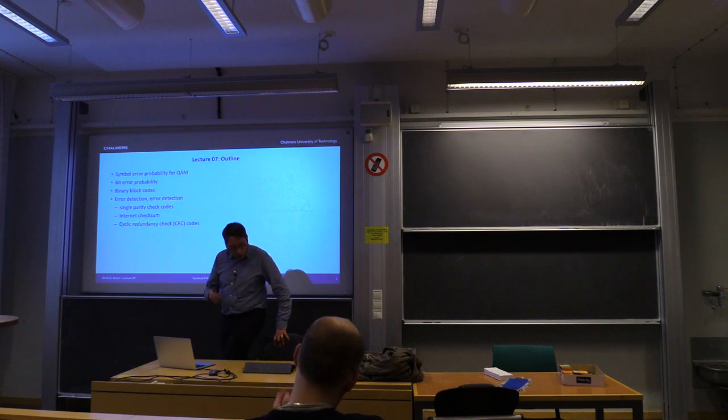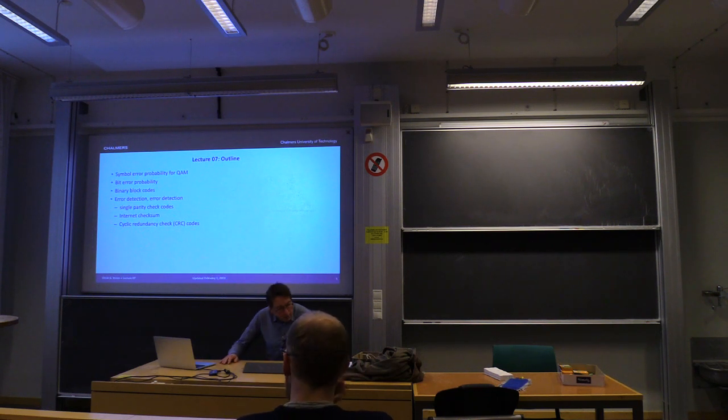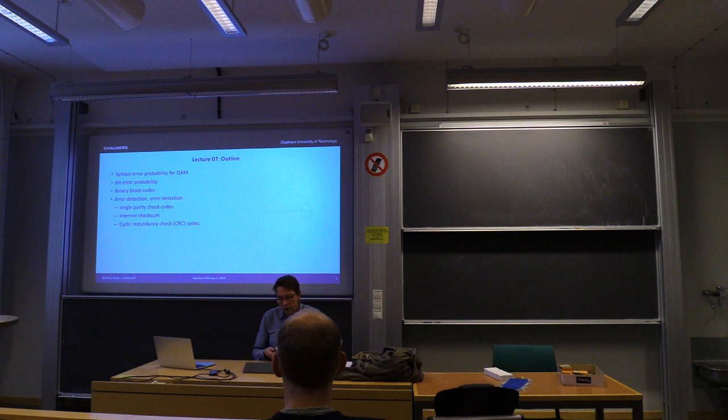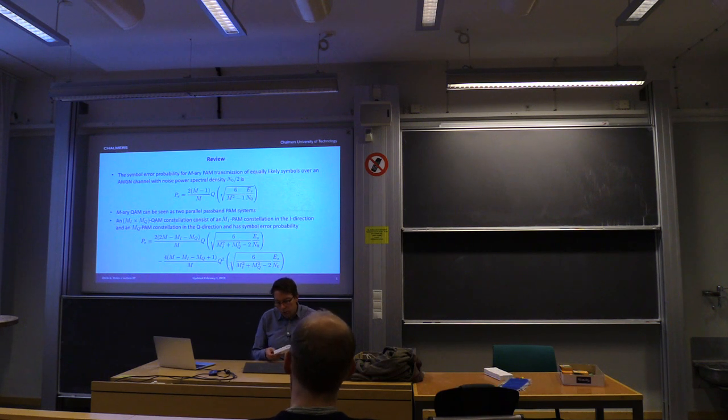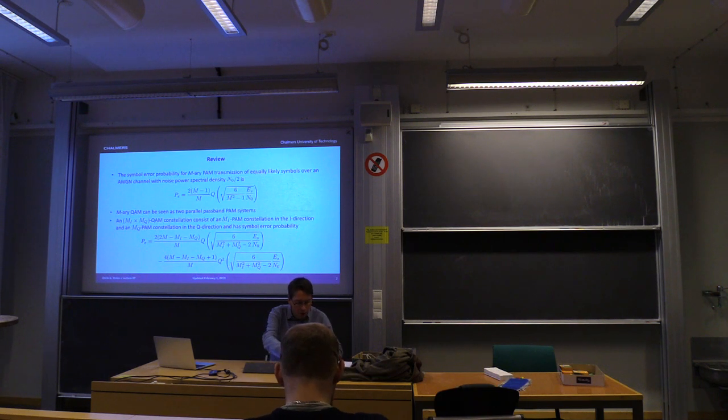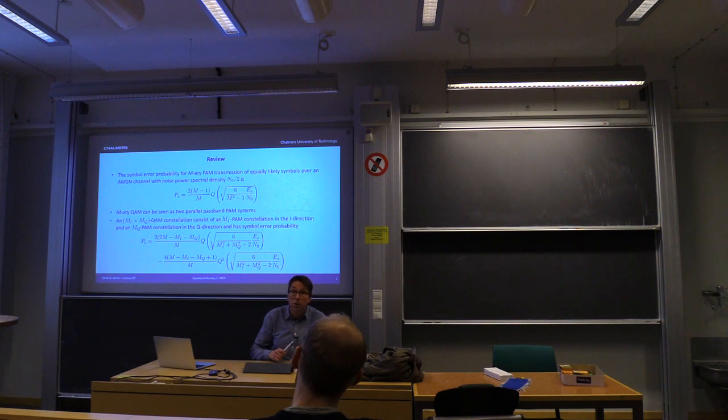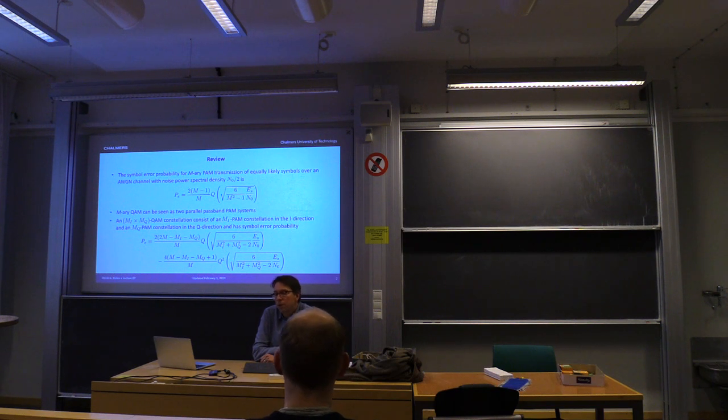Okay, so a short review of what we have done. We talked about pulse amplitude modulation. We talked about how to classify noise as being a random process. We also talked about the data being random, at least from the perspective of the receiver.